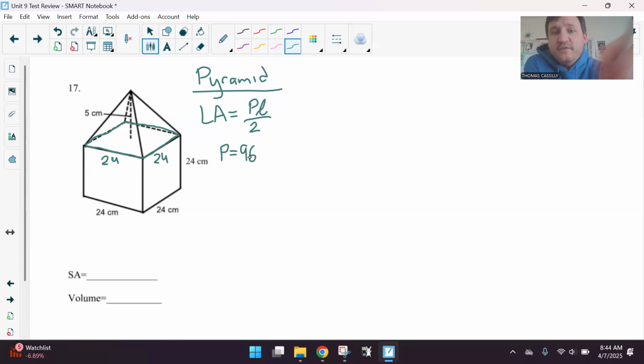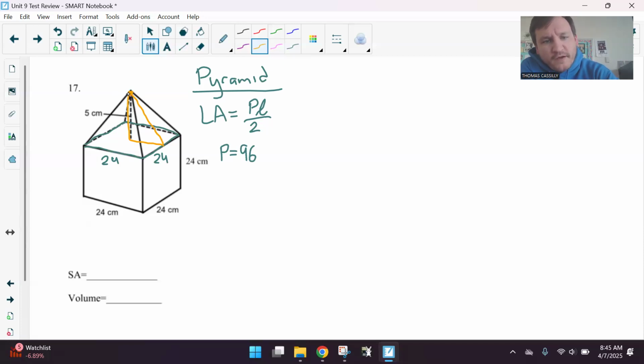Now the next thing we need to find is our slant height. The slant height on a pyramid is the diagonal piece. If this was a pyramid in Egypt and we had to walk up the side of it, that would be our slant height. To get the slant height, we use the Pythagorean theorem.